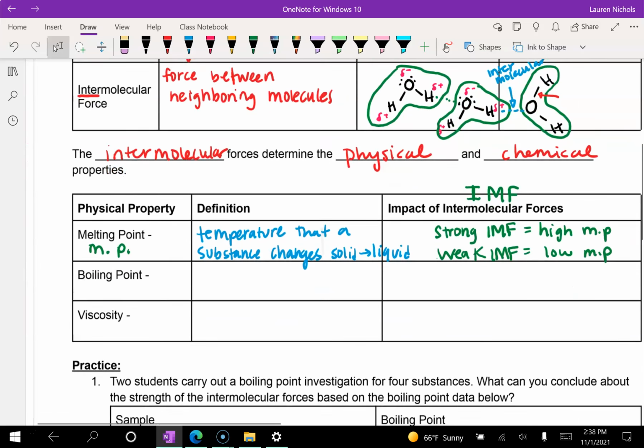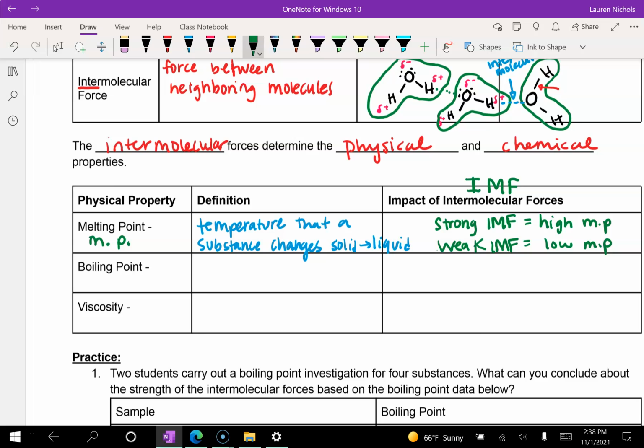Now, boiling point is similar to melting point, but it's abbreviated as BP, and it's the temperature that a substance changes from liquid to a gas.